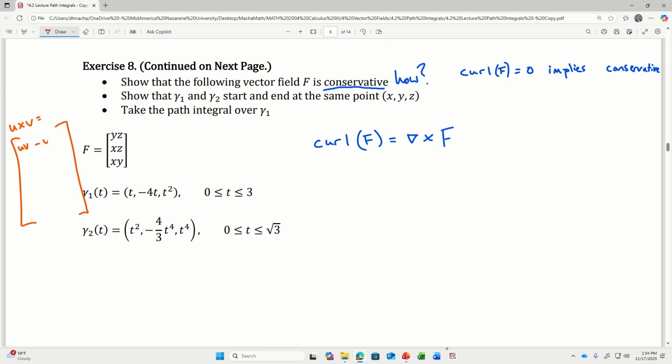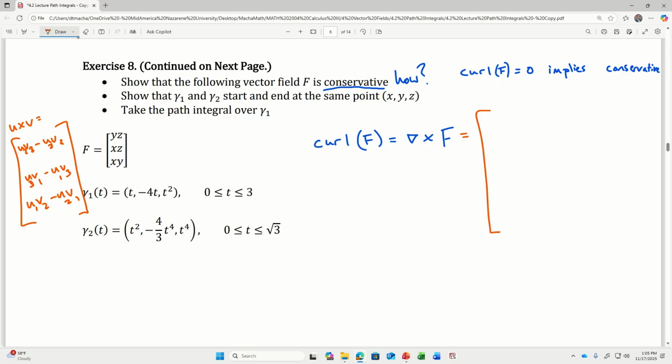It's u2v3 minus u3v2, u3v1 minus u1v3, u1v2 minus u2v1. So the gradient, of course, is the partial with respect to x, the partial with respect to y, the partial with respect to z.